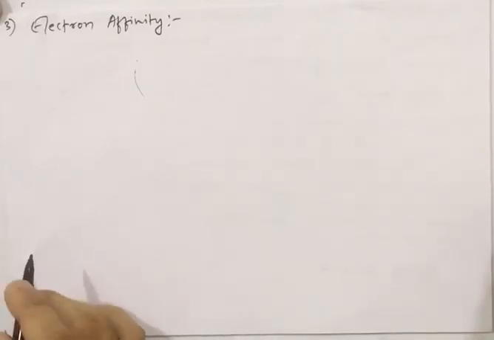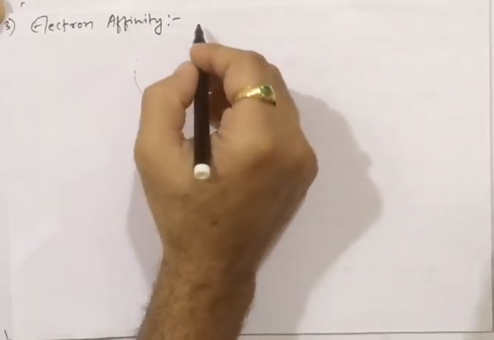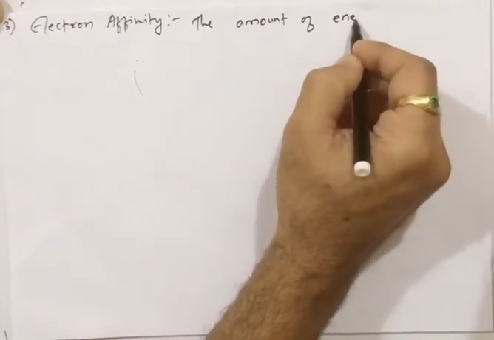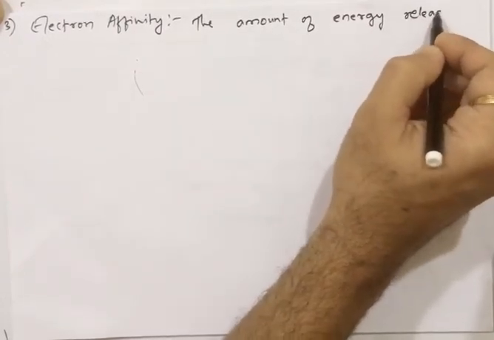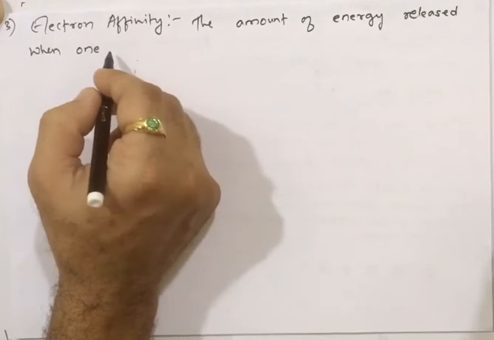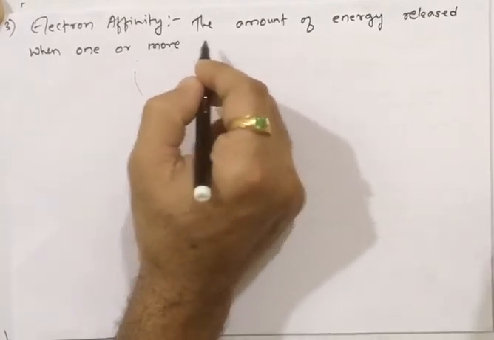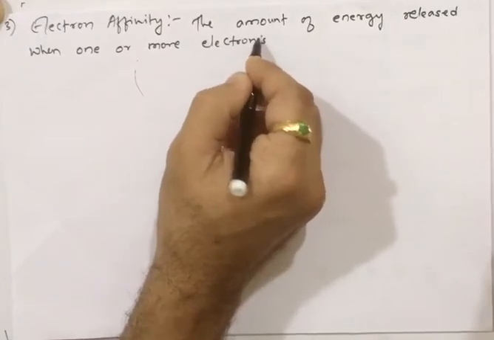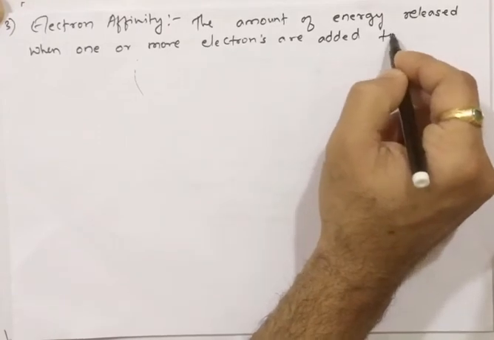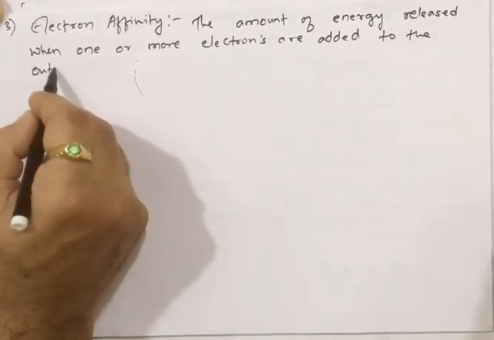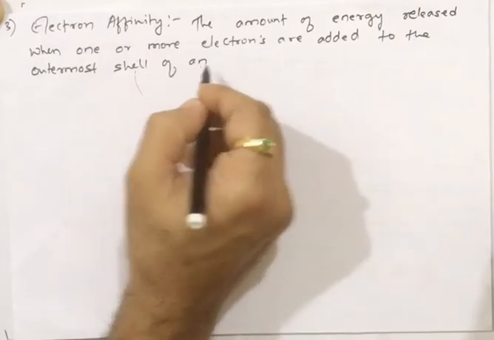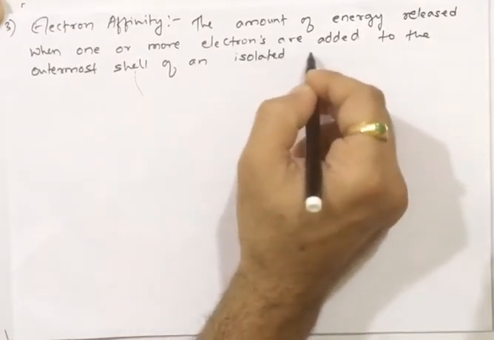The next one is electron affinity. Electron affinity is the amount of energy released when one or more electrons are added to the outermost shell of an isolated atom.